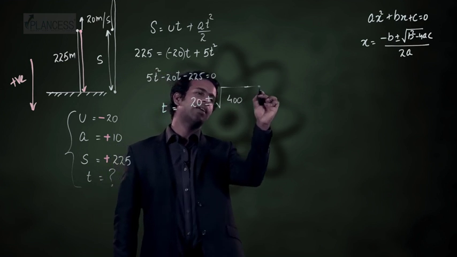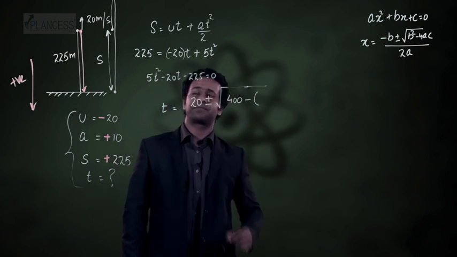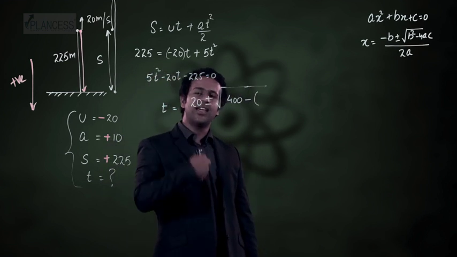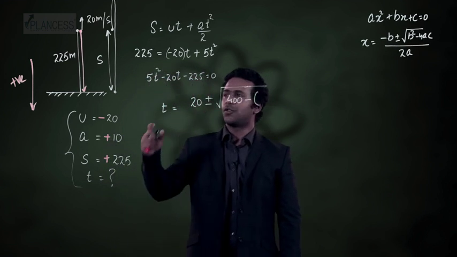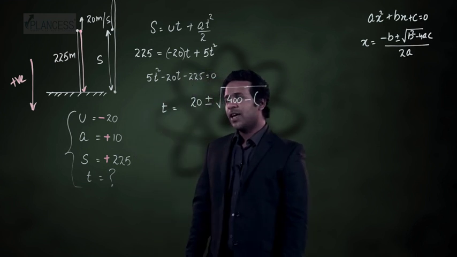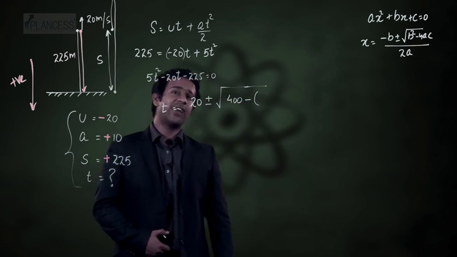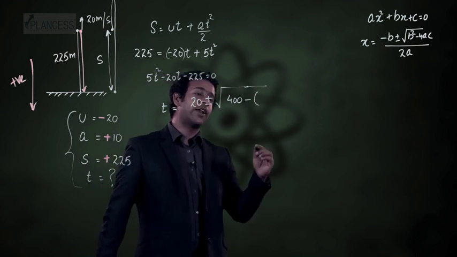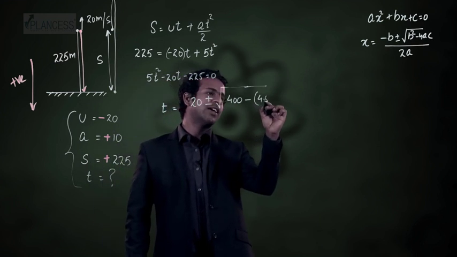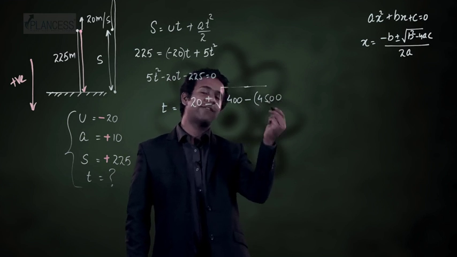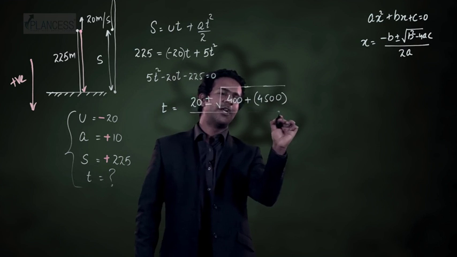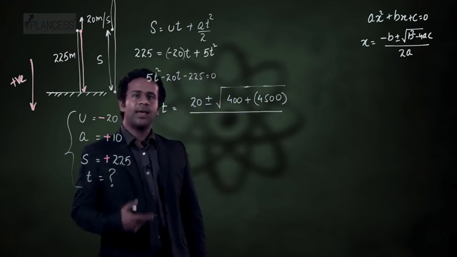So b square minus 4ac: you can see that a is 5 and c is minus 225. So 5 into 225 gives you 1125, and 1125 into 4 would give you 4500. So this is minus 4500, and minus minus becomes plus, and in the denominator you have 2a, a being 5, you get 10.